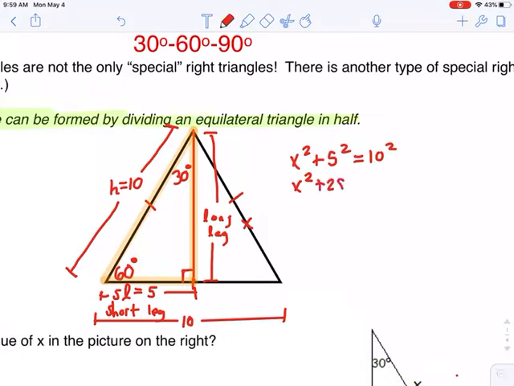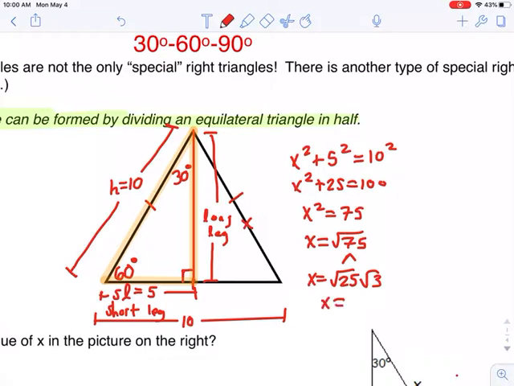X squared plus 25 equals 100. X squared equals 75. X equals the square root of 75. So again, we got to simplify it. What's the largest square factor that goes into 75? That'd be 25. Radical 3. X equals 5 radical 3. The long leg is 5 radical 3.